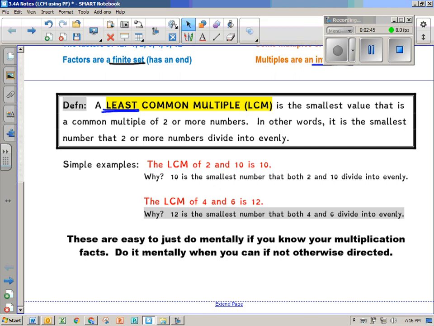That's probably the best way to remember it. Okay, I don't know where my highlighter went, so we will not highlight it. So, the smallest number that two or more numbers divide into evenly is how I would remember it.